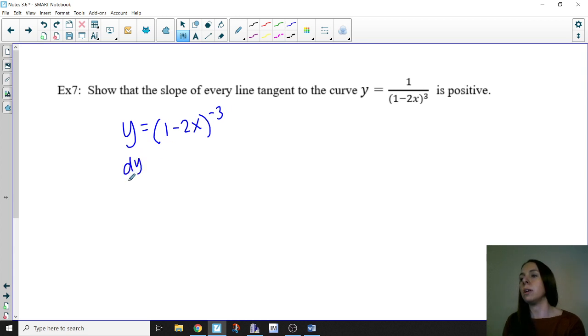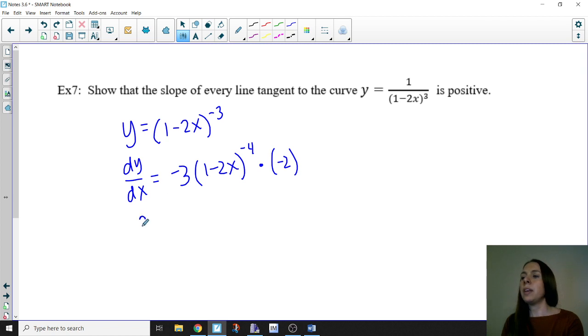Okay, so dy over dx is -3 times 1 minus 2x. Be careful, subtract 1 from -3, and that gives you -4 as your power. Times, here's the chain, second part of the chain, the derivative of 1 minus 2x, which is -2.